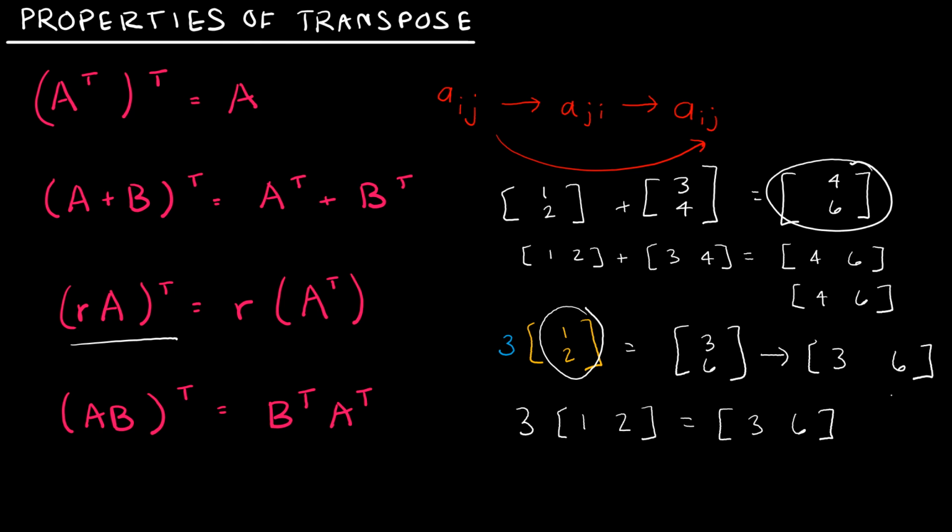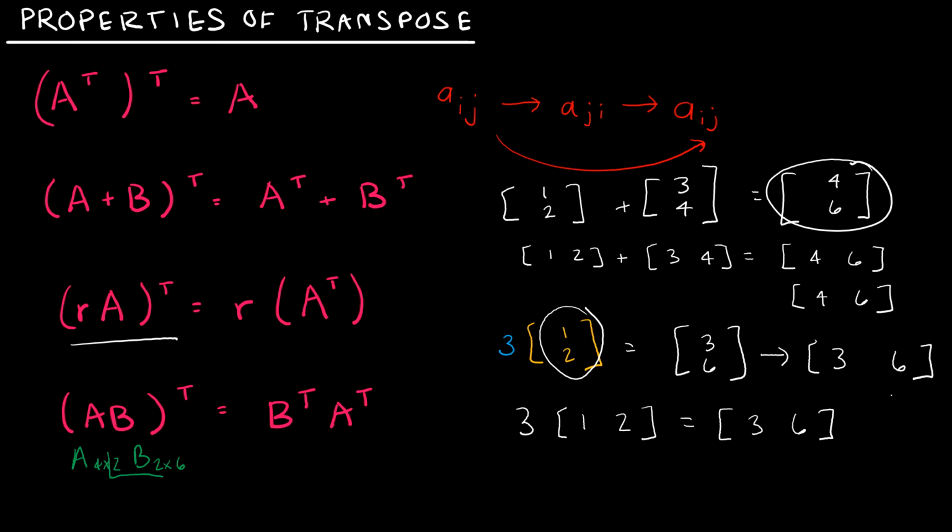The last one is the hardest one to understand. And again, we're saying if I take A times B and then the transpose, it's the same as taking B transpose times A transpose. And again, that's just all about making the numbers work so that we can actually multiply. Let's say A is a 4 by 2 and B is a 2 by 6.